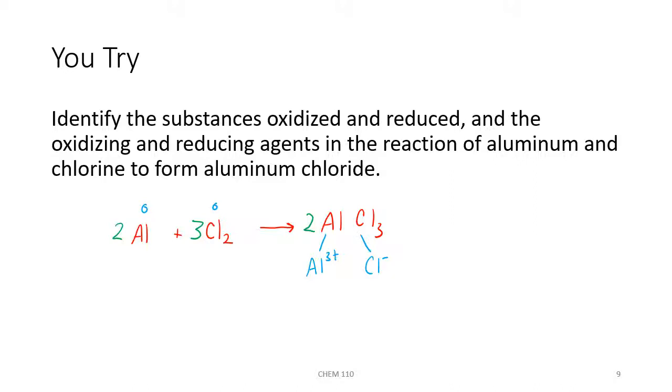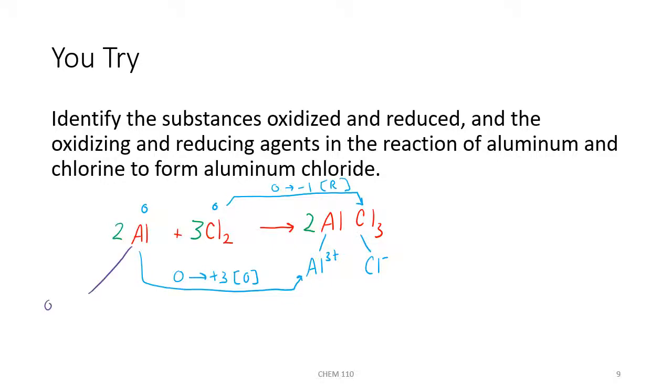Tracking our changes then, aluminum went from a 0 charge to a +3 charge. It must have lost electrons to do that, therefore it was oxidized. The chlorine went from a 0 charge to a -1. It must have gained electrons to get more negative, or it was reduced, we say.